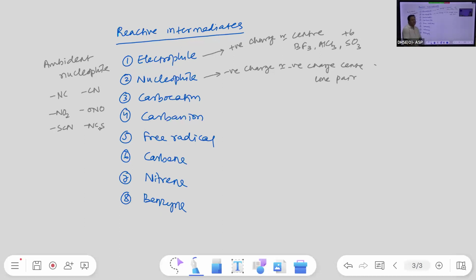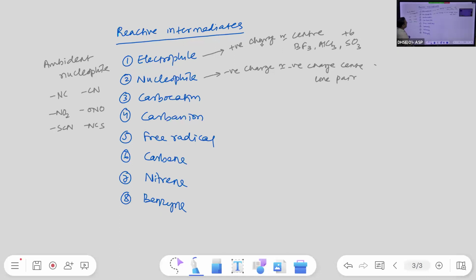In other words, you can say there is an ambiguity in deciding the nucleophilic center, that means which one will act as the nucleophilic center. Ambiguity means confusion. Okay. Up to this clear?